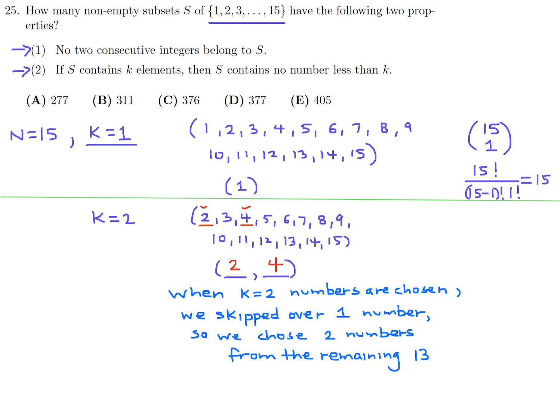So mathematically, what that really means is that from 13, choose 2. And 13 choose 2 is equal to 13 factorial over 11 factorial times 2 factorial, and that is going to be equal to 78.